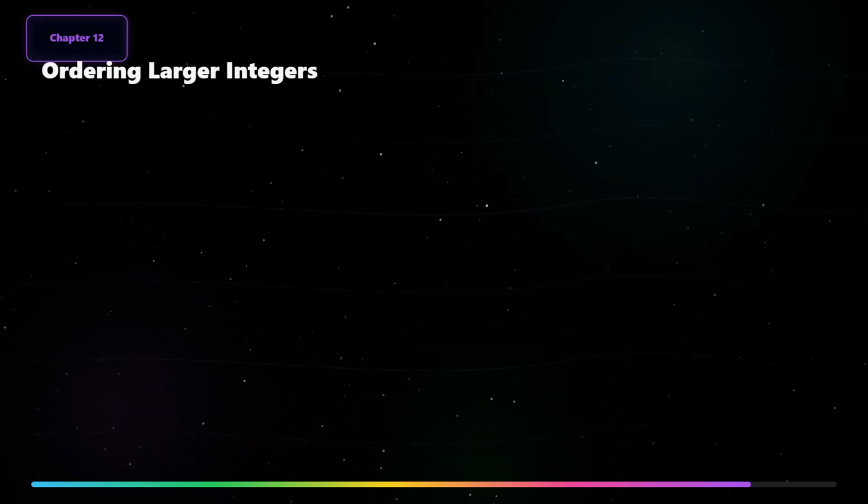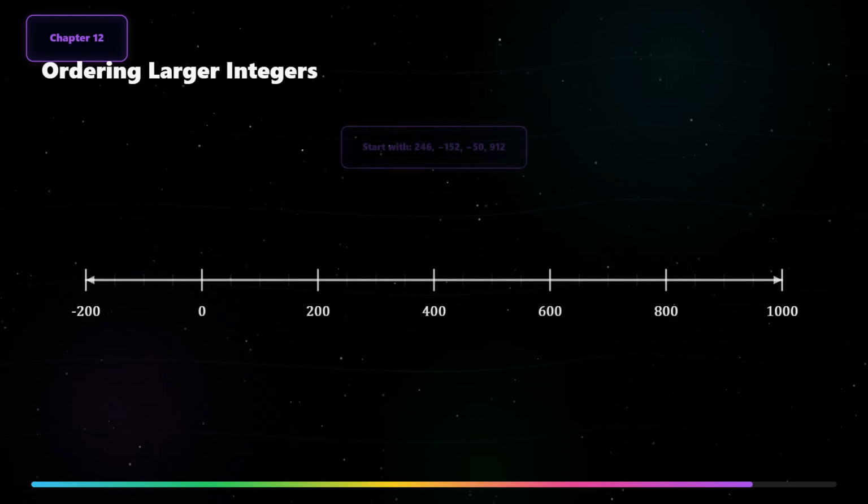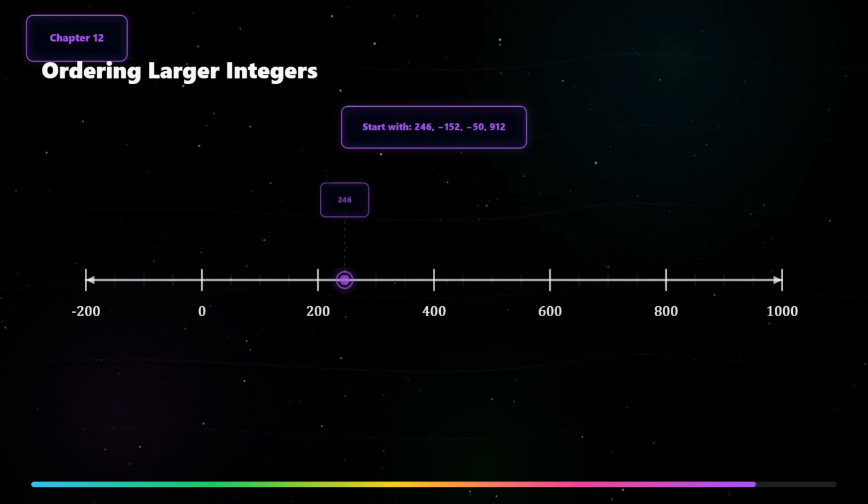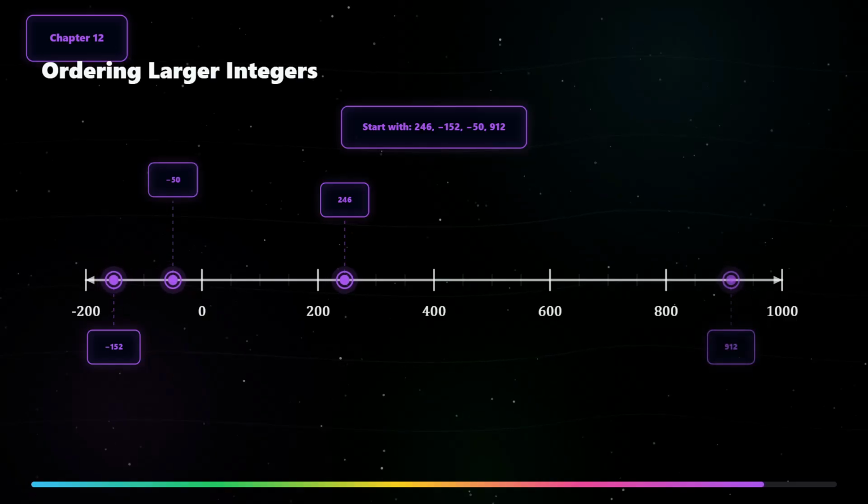Now for the larger integer example, 246, -152, -50, and 912. These numbers are spread out, so mentally we need a wider scale. Start with the negative numbers. -152 is further left than -50, so -152 is smaller.